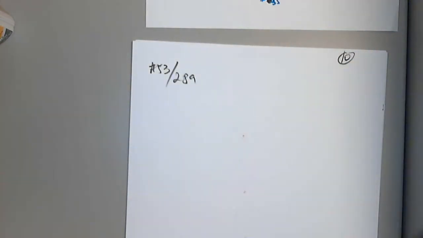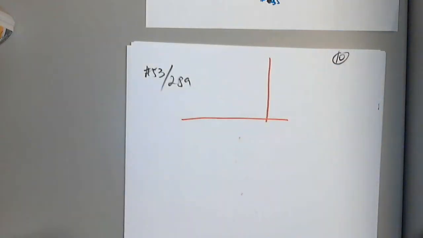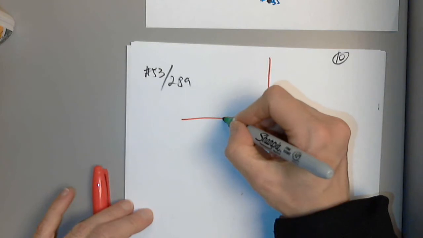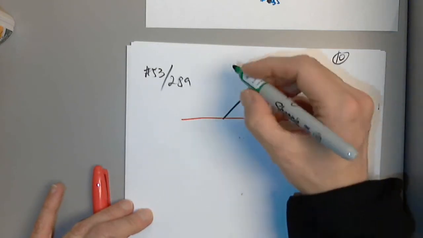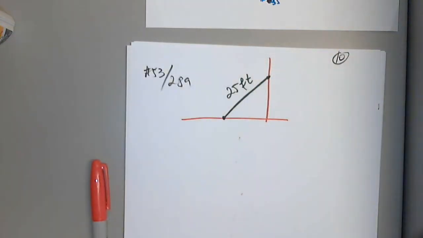Very good. So, in 53 it says, a ladder 25 feet long leans against a vertical wall. This is what I see. I see the wall, and I see the ladder, which is 25 feet. Good. Next.